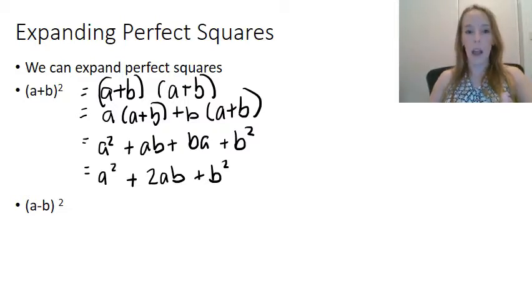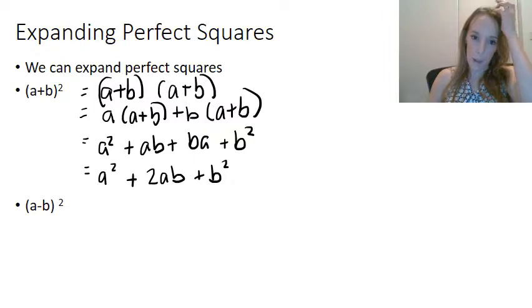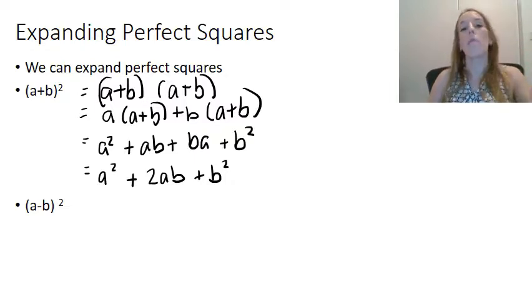So what we've got here is actually a bit of a pattern for perfect squares. We've got a squared here, in the middle we've got plus 2ab, and on the end we've got b squared. As we go through expanding more perfect squares, you'll see this pattern repeats itself over and over again. The more practice you get with this, the quicker you'll be able to expand these perfect squares, because you can skip some of these first steps and go straight to this format that we've ended with, because they always follow this pattern.